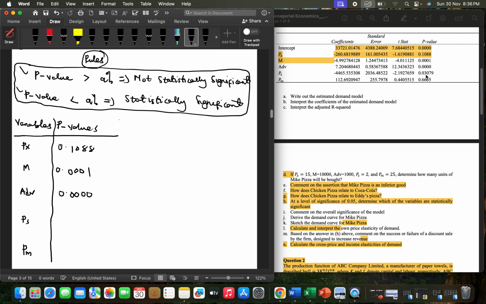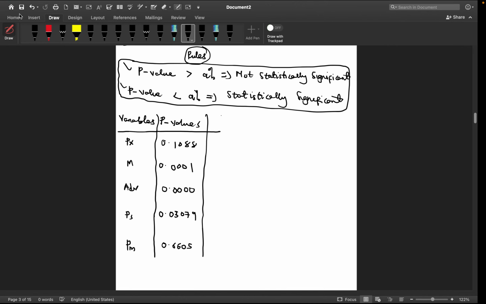The p-value for PS is 0.03079. The p-value for PN is 0.6605. So this is the p-value column. Now I can go to a full screen and explain it.